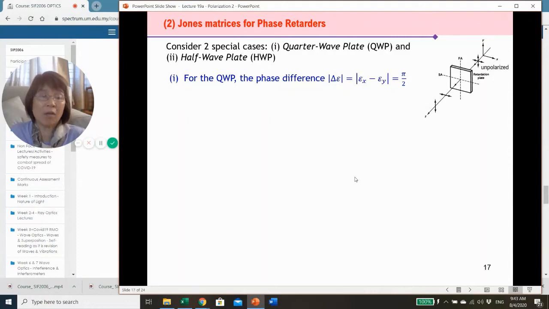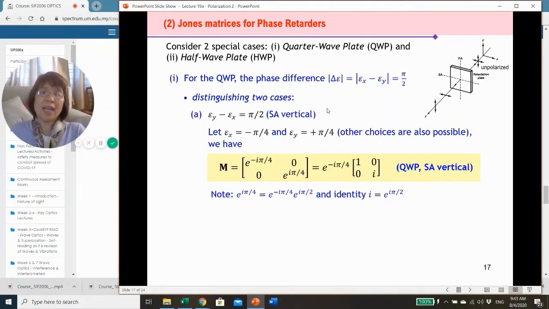Let's try it out on a quarter wave plate and a half wave plate. For a quarter wave plate, we would want a phase difference of pi over 2. If we select the case whereby the slow axis is vertical, the difference has to be equal to pi over 2. So we let epsilon x equal negative pi over 4, epsilon y equal positive pi over 4.